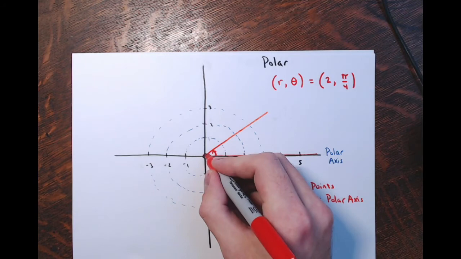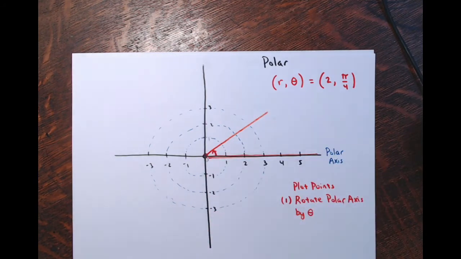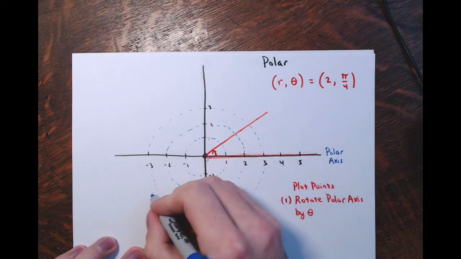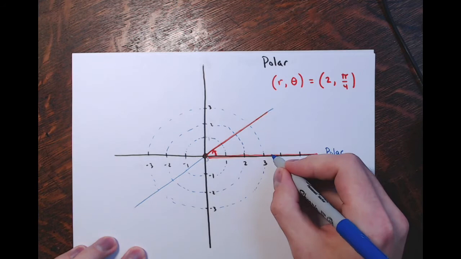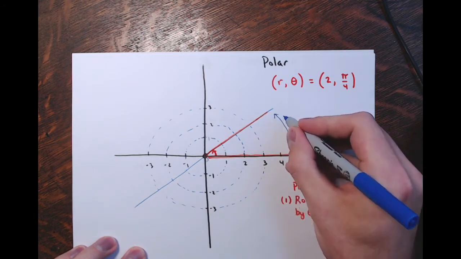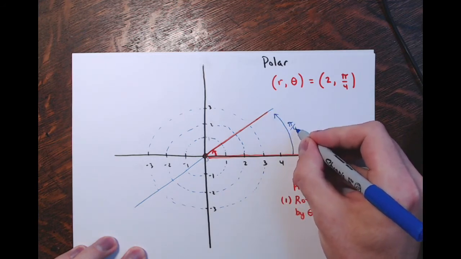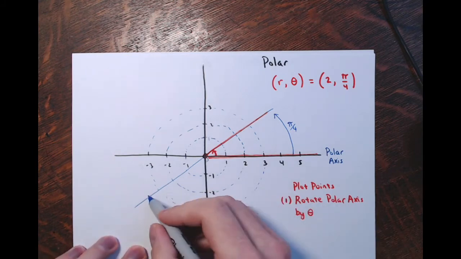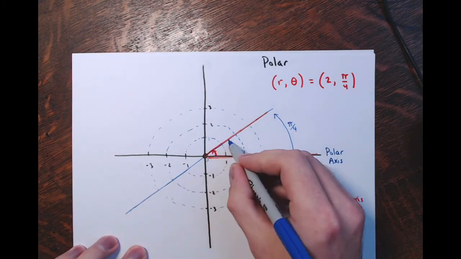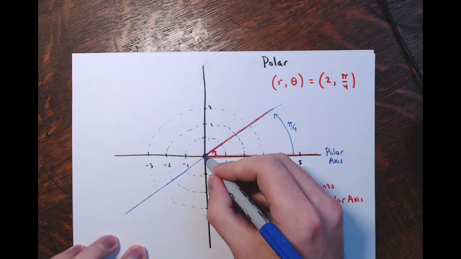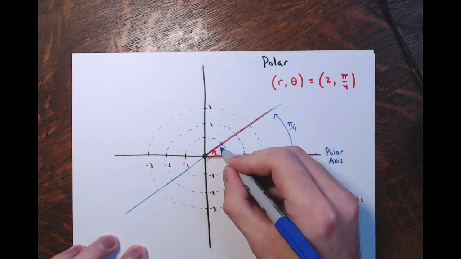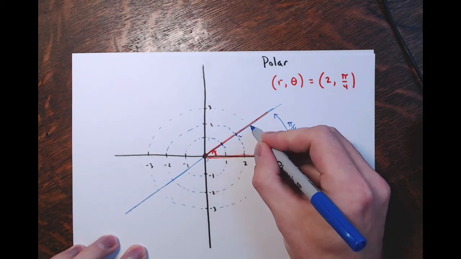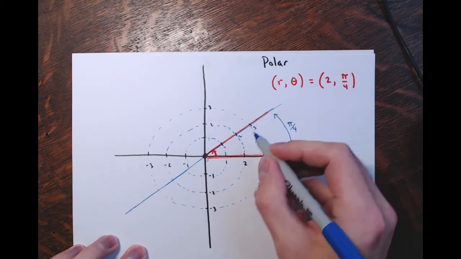Now again, imagine this is the entire polar axis. So here's the polar axis rotated pi over 4 radians. So here's 0, and then here's one unit, a radius of positive 1, radius of positive 2, radius of positive 3, and so on.